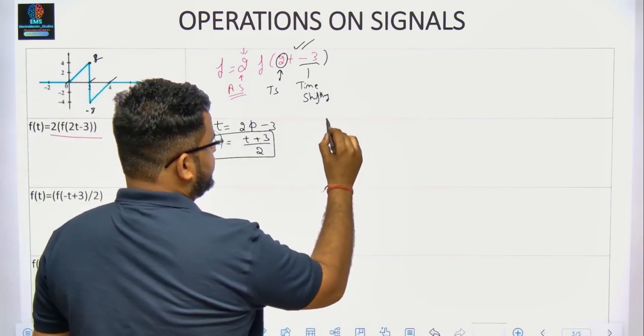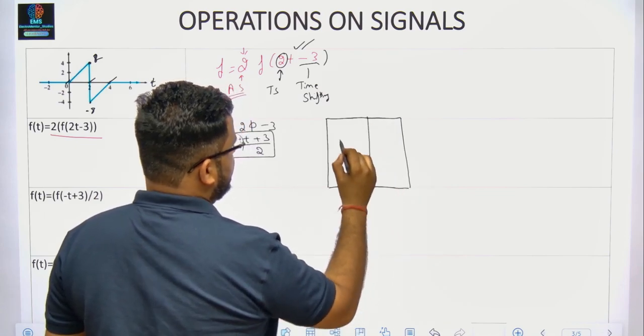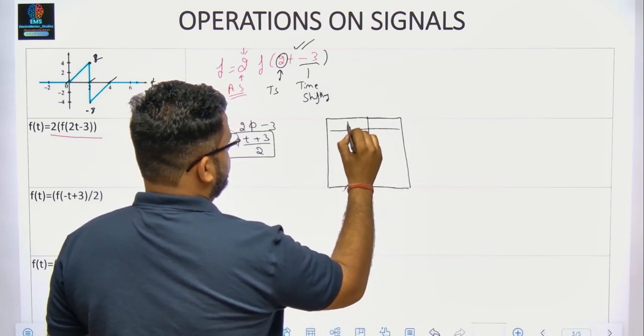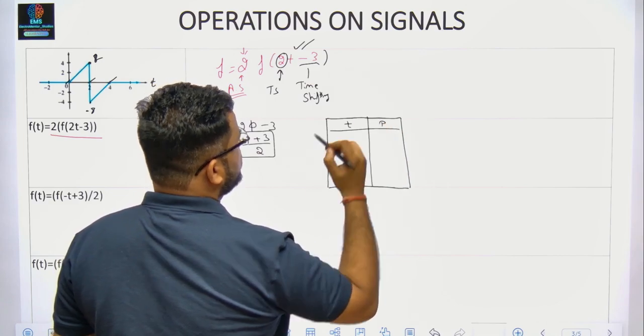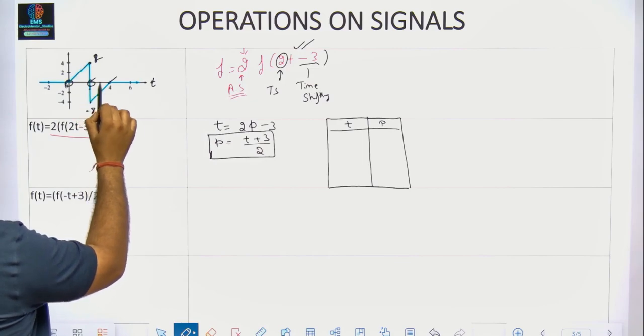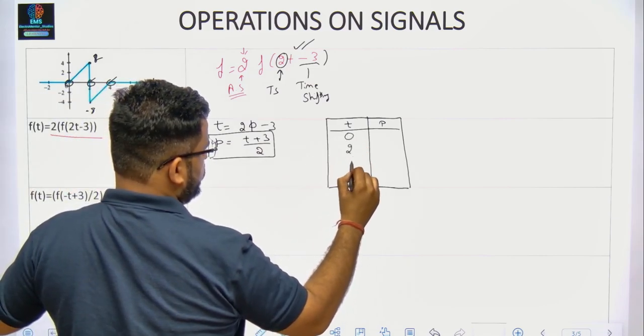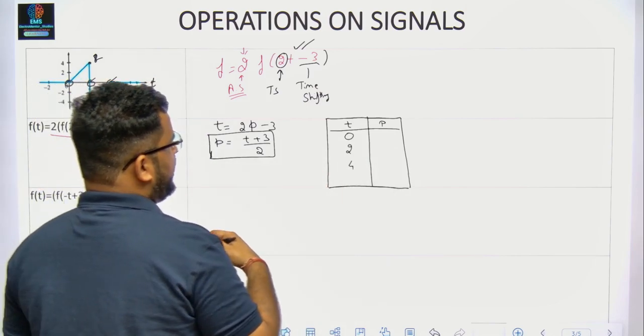Formulate a simple table. Put the values of t, get the values of p. So t is varying at 0, 2, and 4. Substitute the values.